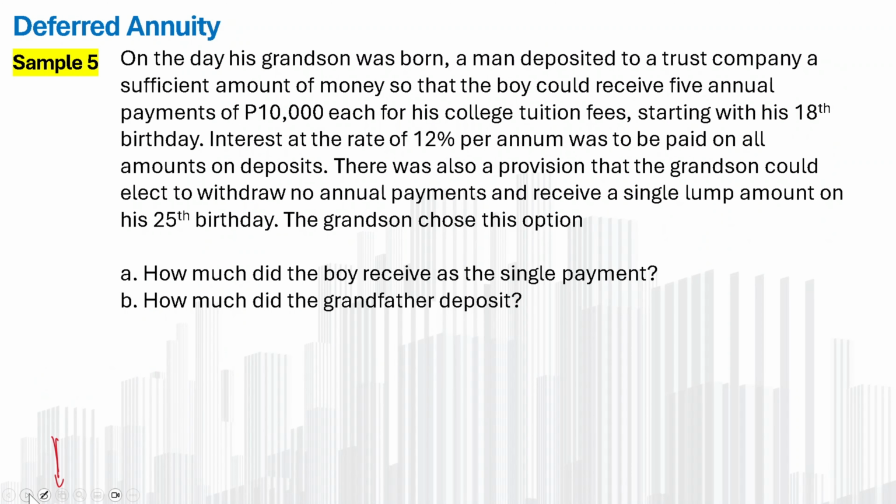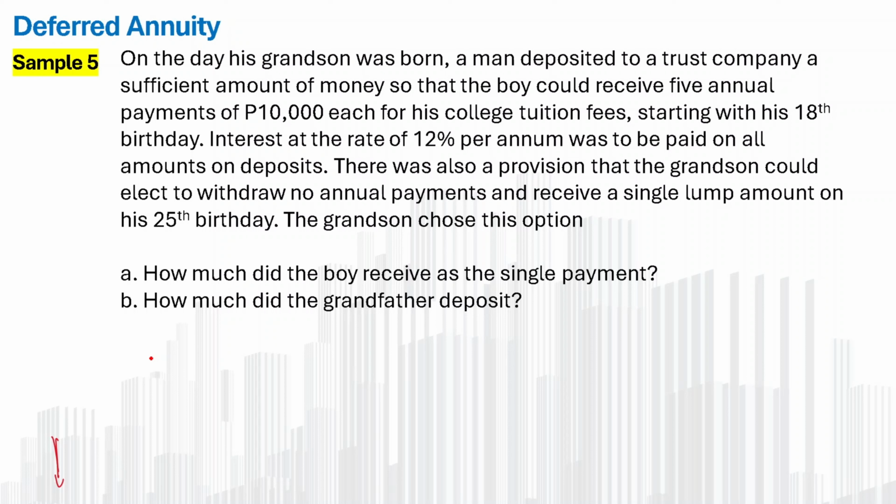Let's try another problem. This time, we have: on the day his grandson was born, a man deposited to a trust company a sufficient amount of money so that the boy could receive 5 annual payments of 10,000 pesos each for his college tuition fees, starting with his 18th birthday.